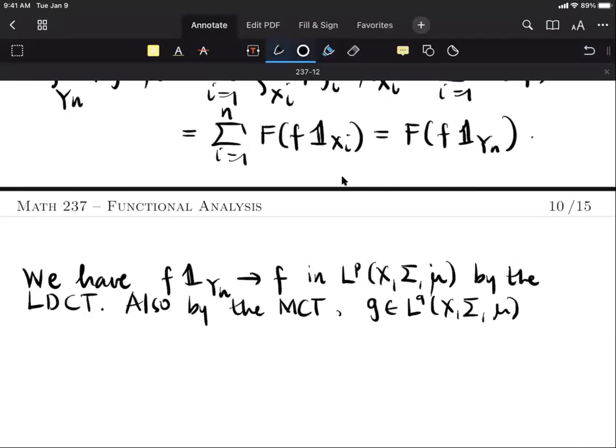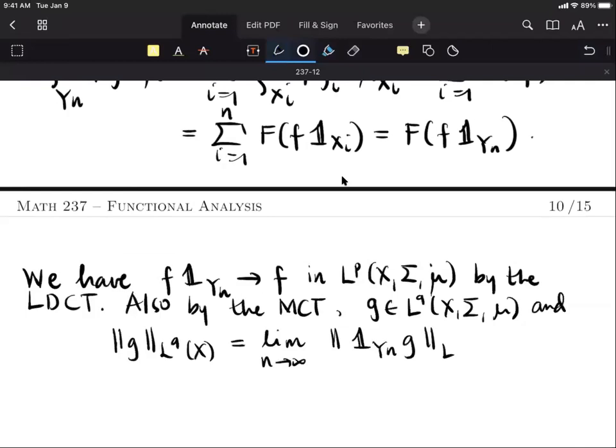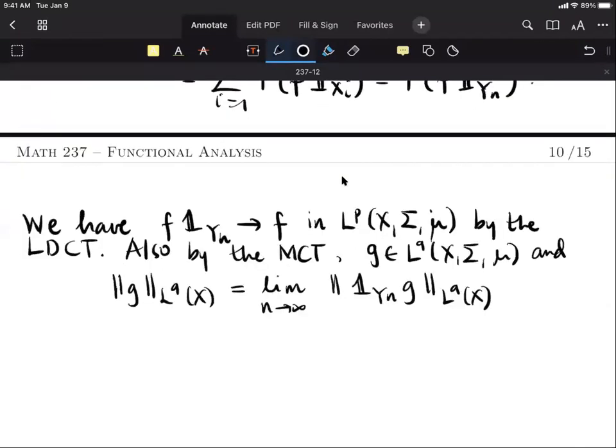and the LQ norm of G, you can show that this is the limit as n goes to infinity of the LQ norm of the characteristic function of Y n times g. This is the same as the limit as n goes to infinity of the LQ norm in Y n.